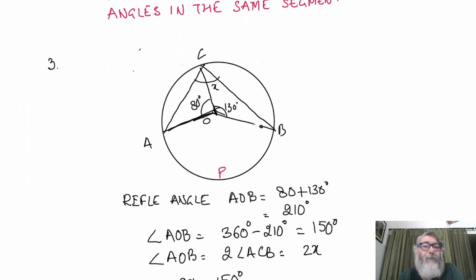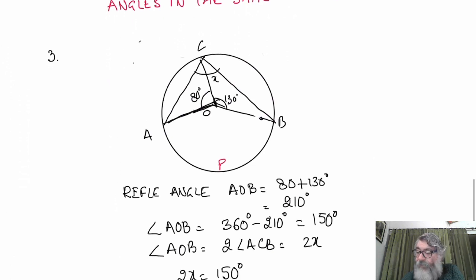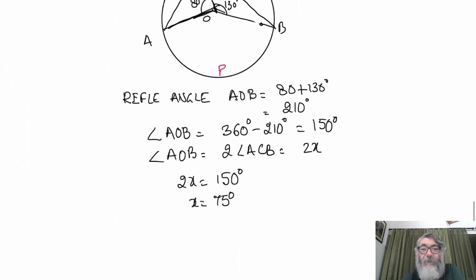Then we subtracted 210 from 360 degree. Why did we subtract from 360 degree? Because the sum of the angles around a point is 360 degree. So 360 minus 210 will be 150 degree. So we get angle AOB as 150 degree.